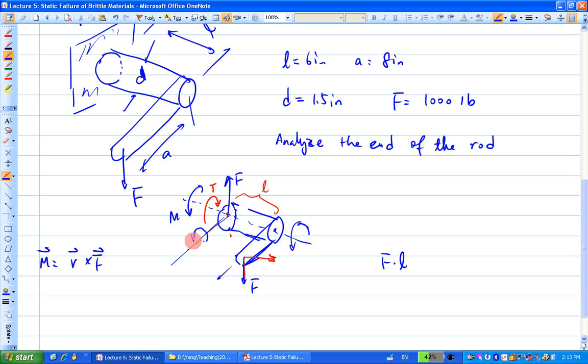It's this way here. It's going to be around this axis. Is that clear? So maybe I'll get rid of this one here and put this M over here. So that's the free body diagram.